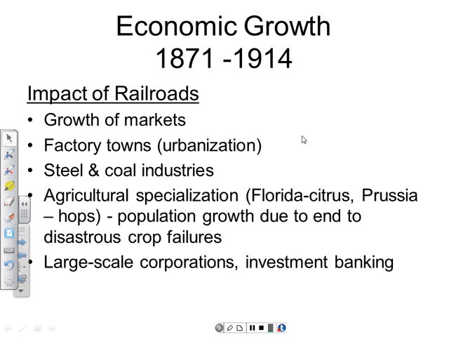The more railroads that were built, the more people could participate in the market economy, buying consumer goods. So it really expanded markets on a scale never before seen. The railroads were the internet of the 19th century, or you could say that the internet is the railroad of the 21st century.